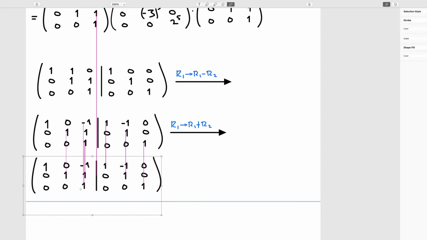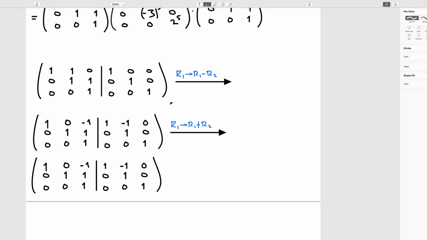Okay, great. So we're changing row number 1. Oh, and we want to remove this 1 over here. So let's take care of this too. I just noticed that. So I also want to do R2 becomes R2 minus R3. Yeah, so I don't really like this operation.